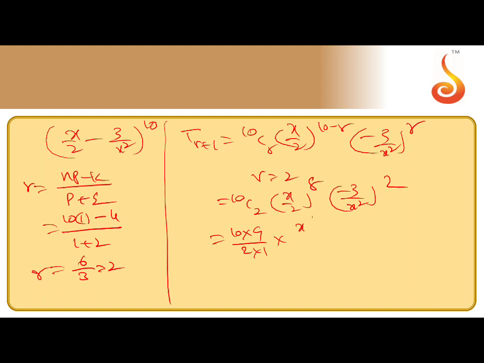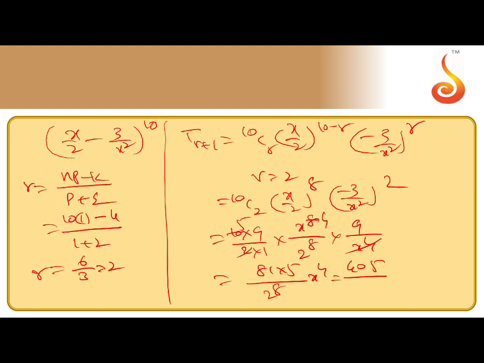This is x power 8 by 2 power 8 into 3 square, 9, by x power 4. This is 4 times, cancel. Now we got 2 fives cancel. So 45, that is 81 into 5 by 2 power 8 into x power 4. So this gives 405 by 256 into x power 4.